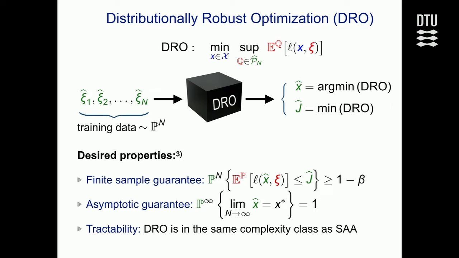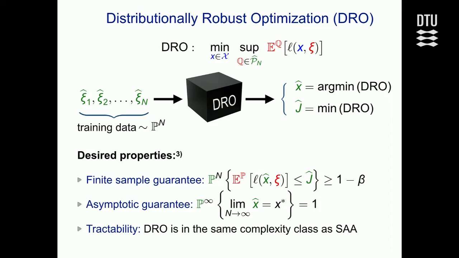And third of all, and that's maybe one of the most important things, all of this is useless unless you can actually compute the decision x hat efficiently. So you would like this distributionally robust optimization problem not to be too difficult. Ideally, I think you would want it to be not much harder than the sample average approximation problem. Okay?